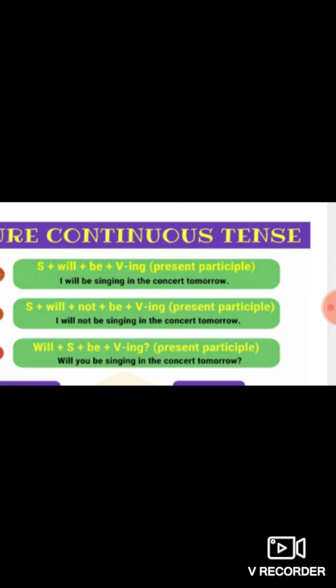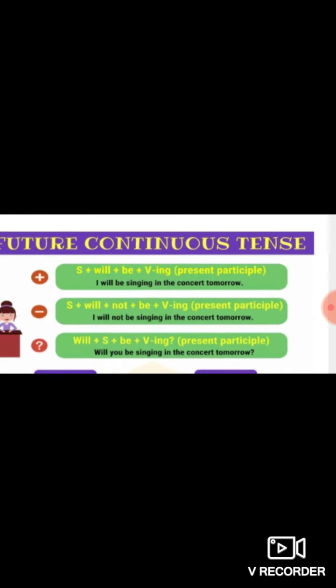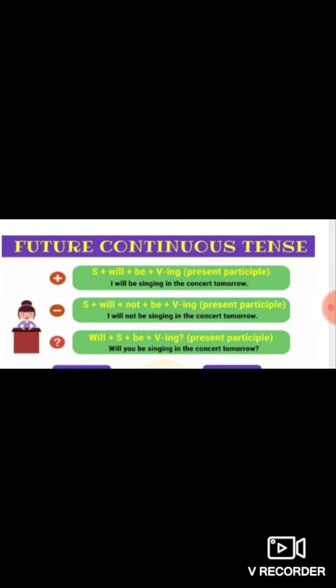I will be singing in the concert tomorrow. Thereafter, in negative sentences, the structure is subject plus will plus not plus be plus first form of verb plus ing. I will not be singing in the concert tomorrow.